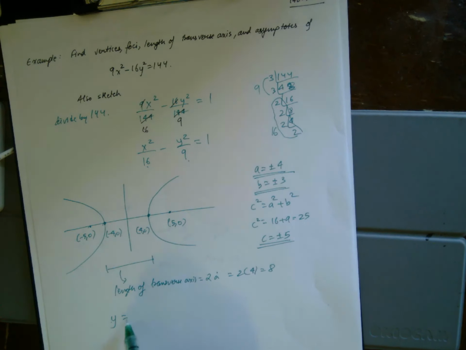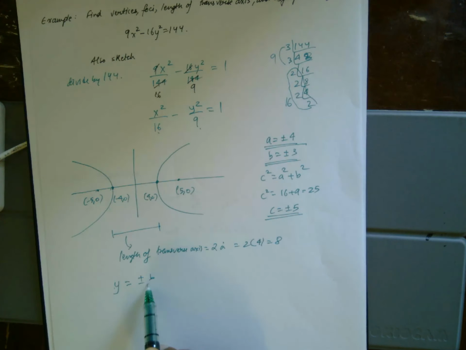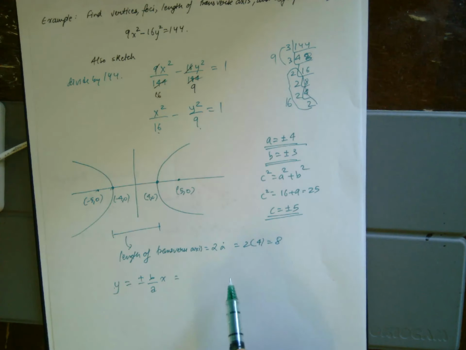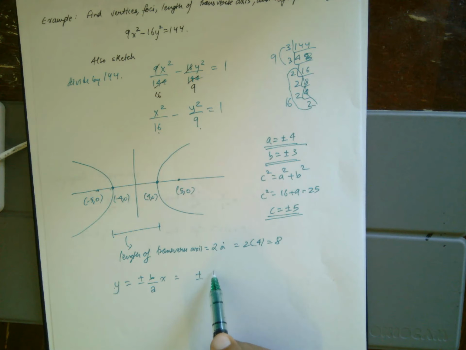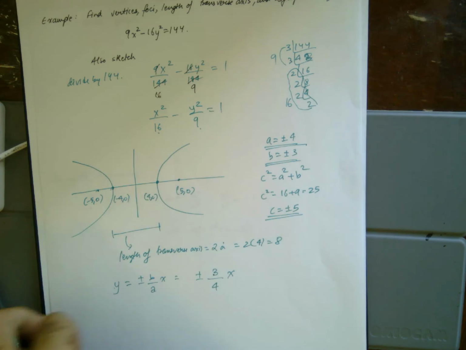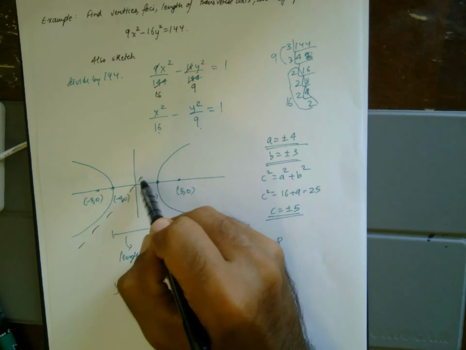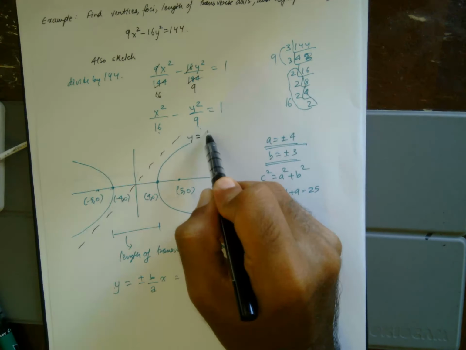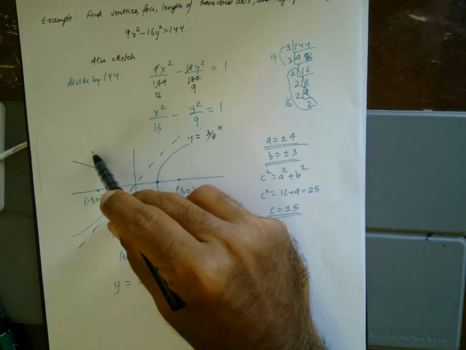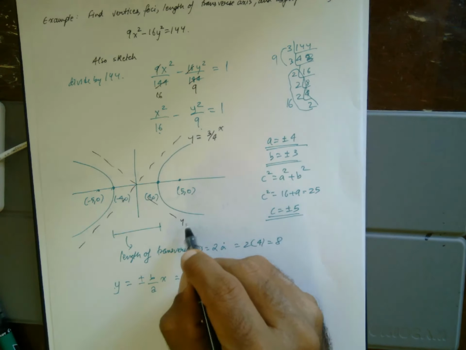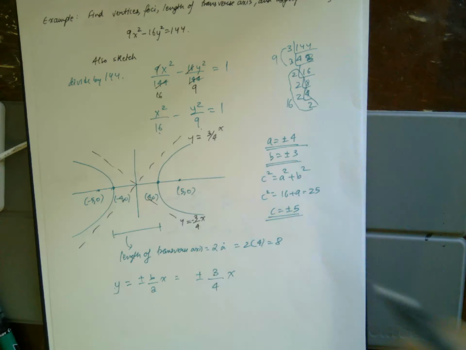Asymptote is y equals plus minus b over a x. So plus minus b over a is 3 over 4 x. So the equation of this line is going to be 3 over 4 x, and this is going to be negative 3 over 4 x.